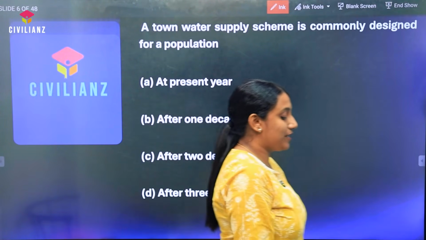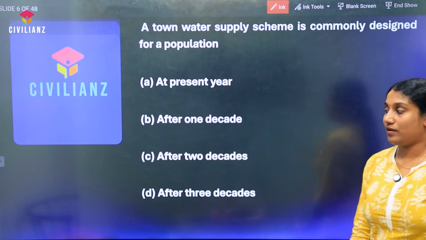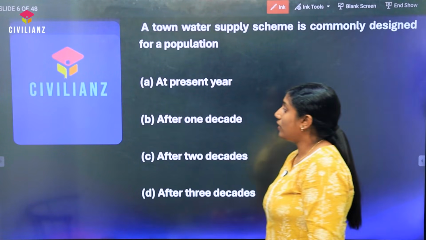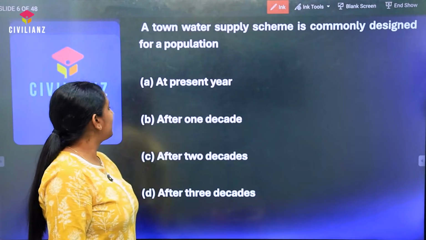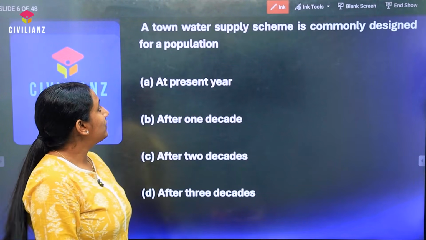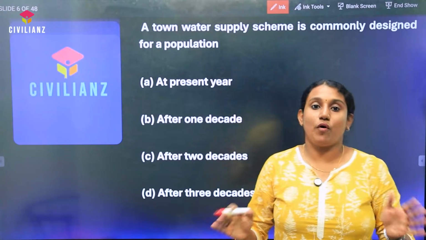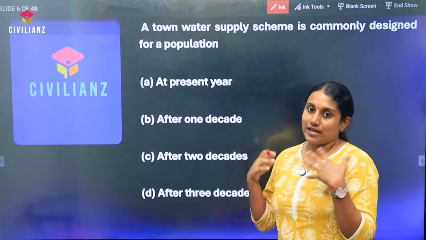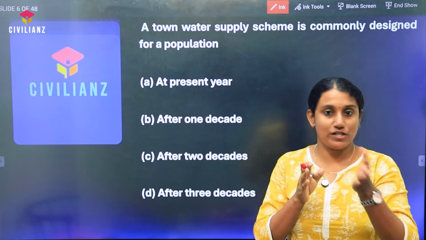Actually, it's a simple question. In this question, they already mentioned design for a population. First of all, we can eliminate one option. Which one? The question already mentions design. In every case, for the design of anything, we use the future value, the future population value.